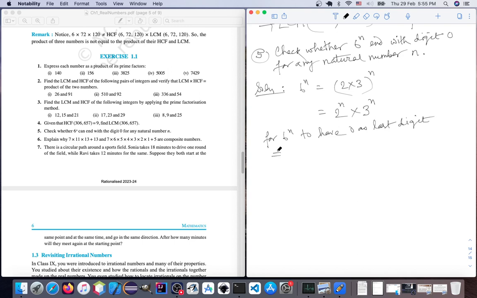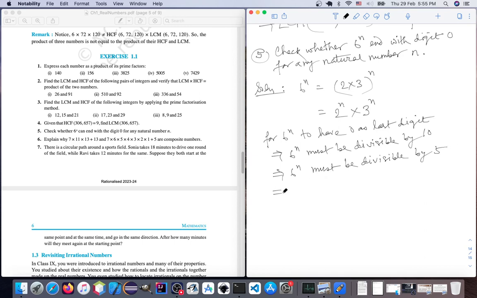So for 6 to the power n to have 0 as the last digit implies 6 to the power n must be divisible by 10. This also implies 6 to the power n must be divisible by 5.